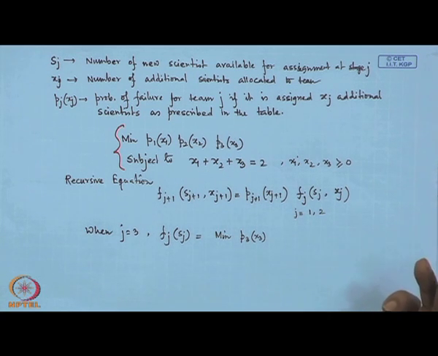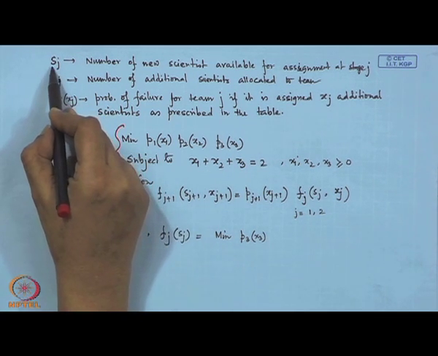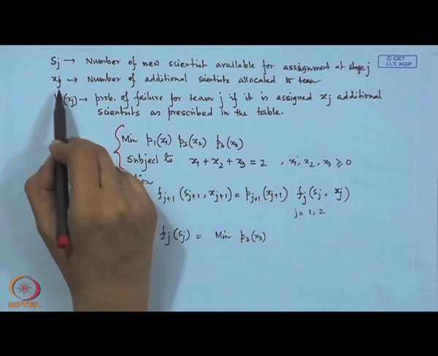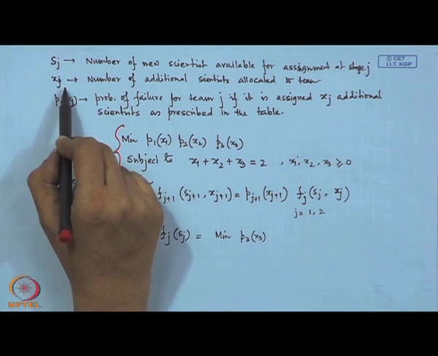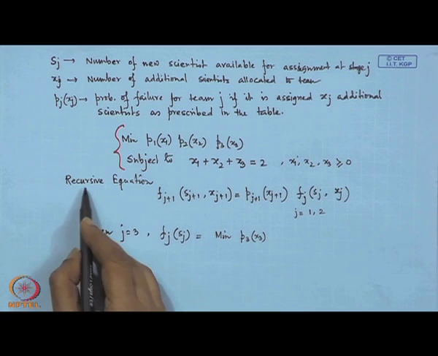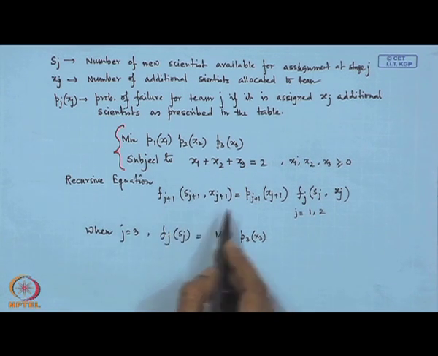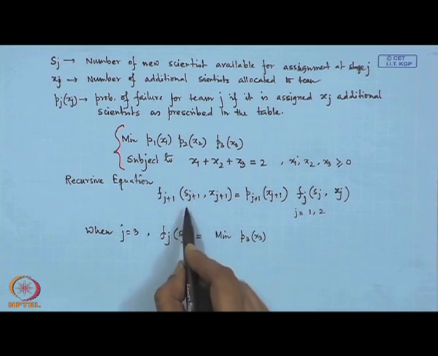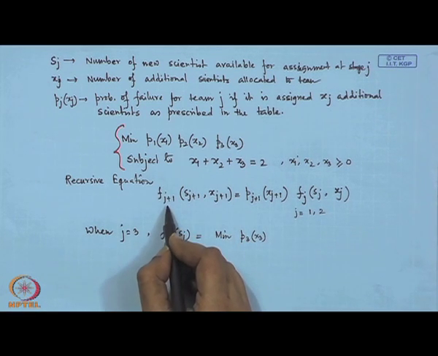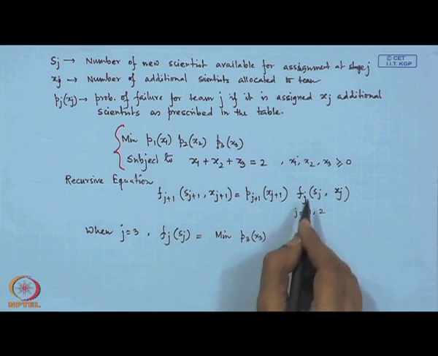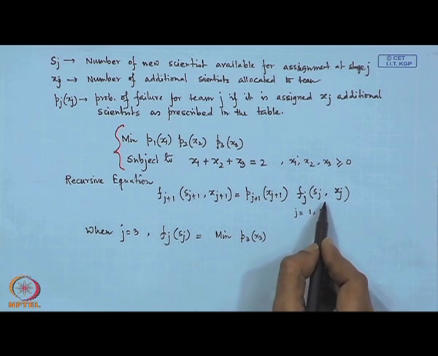Now, you see we have considered the states, Sj are the state variables, xj are the corresponding decisions. Thus, we can have the recursive equation that the j plus 1th optimal decision is dependent on the jth state.